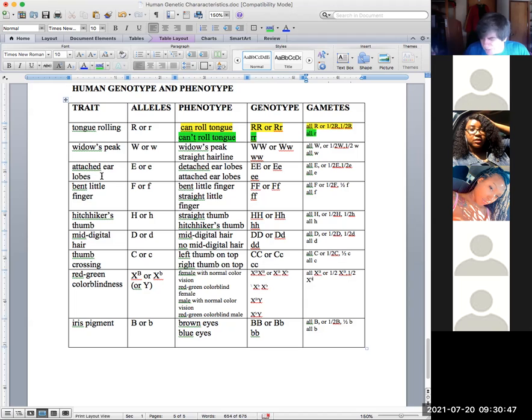Now, what about a female who's X^b X^b? All of her egg cells will be X with a little b.